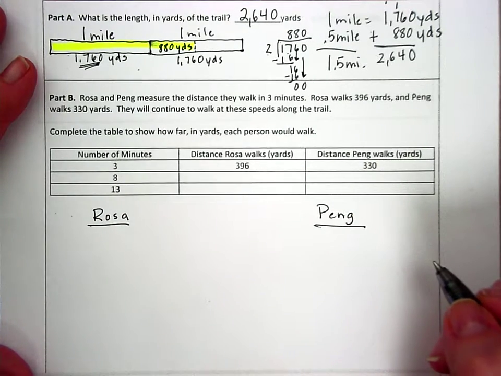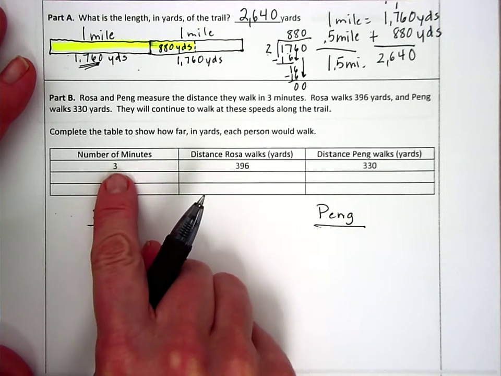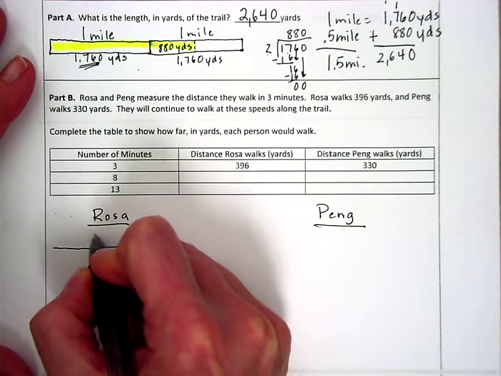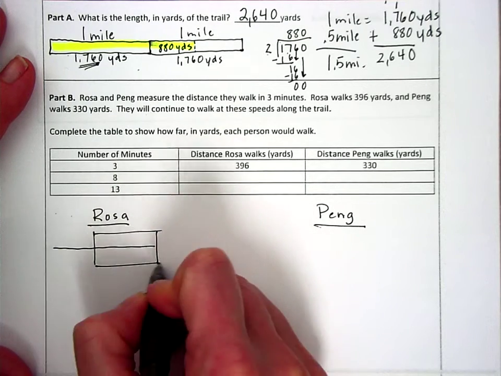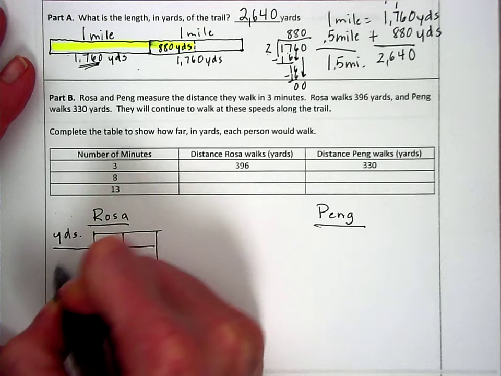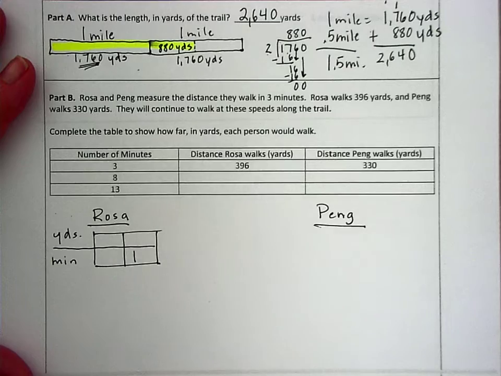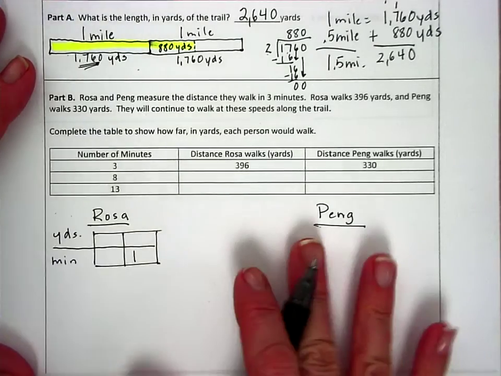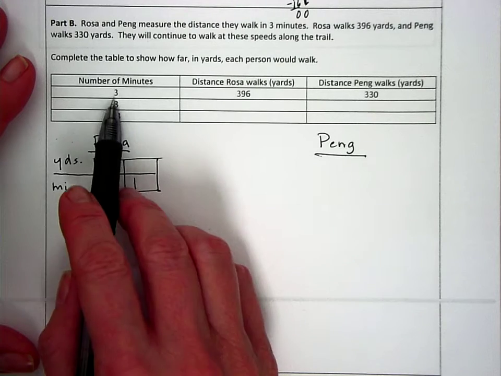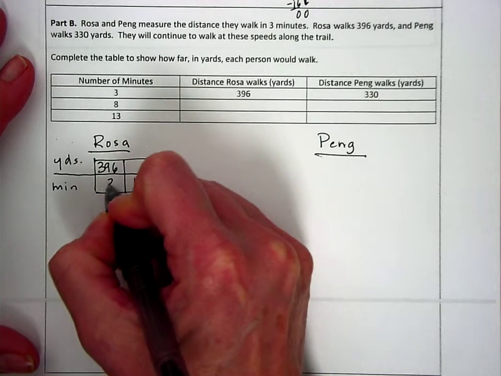Okay, so the first thing I want to do is get how many yards she walks in 1 minute. Okay, so let's draw a ratio table. And we are comparing yards to minutes. And I want to know how far in 1 minute. Well, the original ratio for Rosa is that she walked 396 yards in 3 minutes.